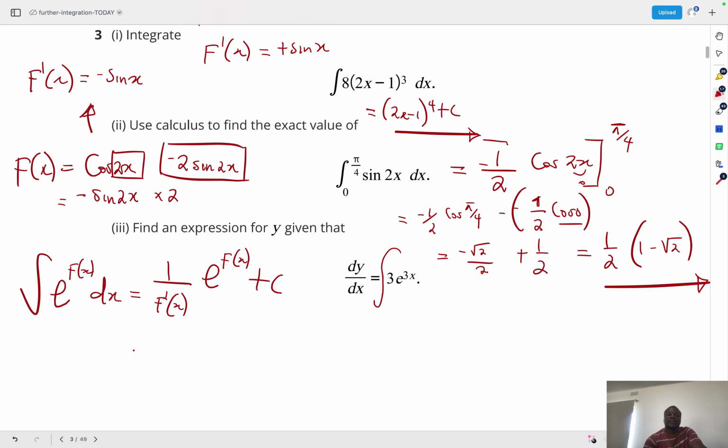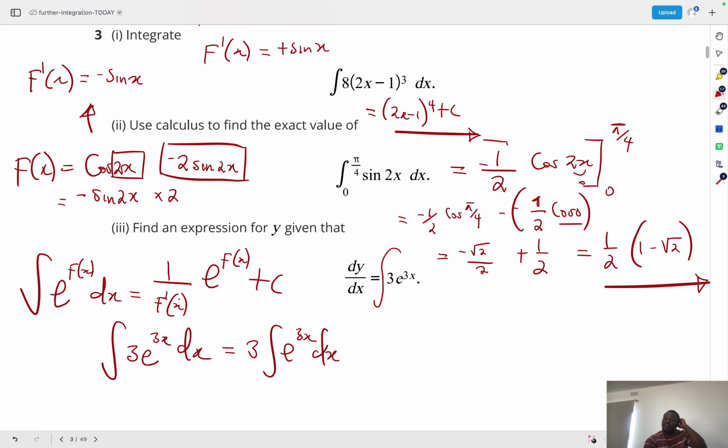So what we are doing is basically the integral of 3e to the 3x. If you think about this, there's a constant that we need to pull out, and I'm just going to pull that constant out now. We've got 3e to the 3x dx. I will write this as 3 times the integral of e to the 3x dx.